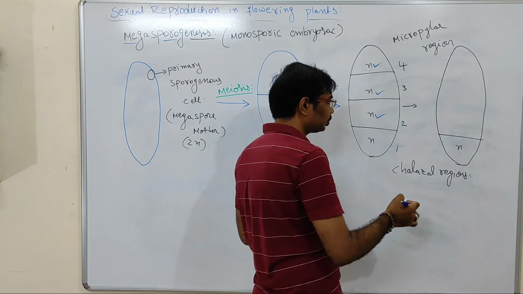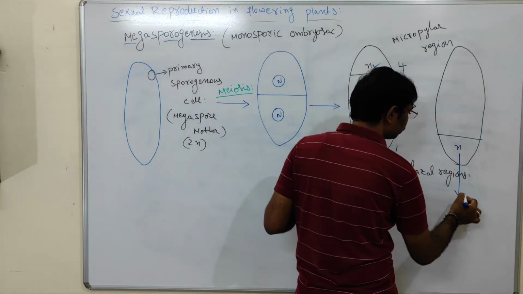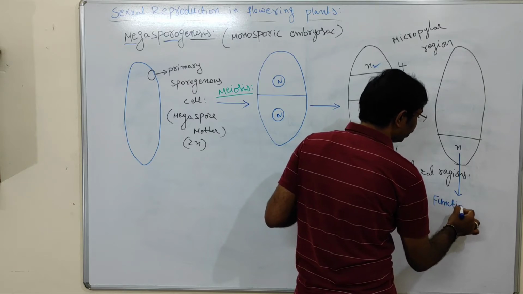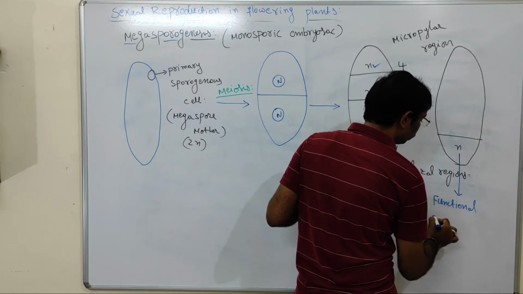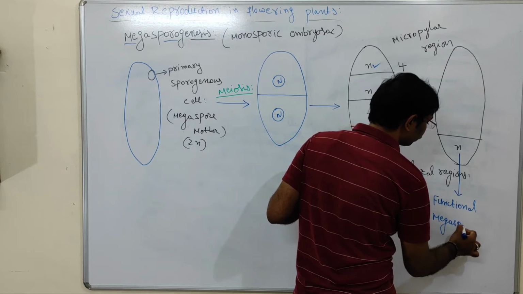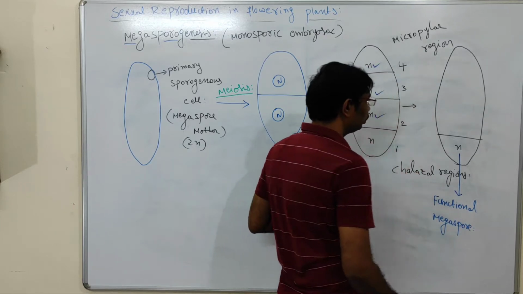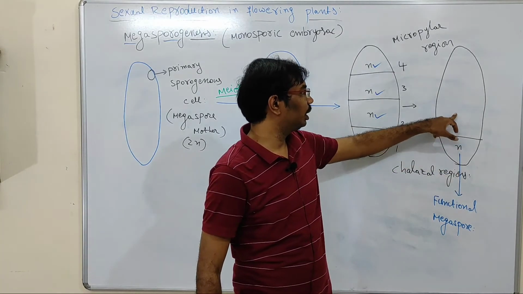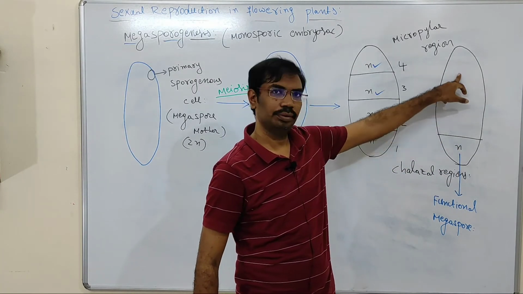This megaspore is called the functional megaspore, and the remaining 3 megaspores degenerated.